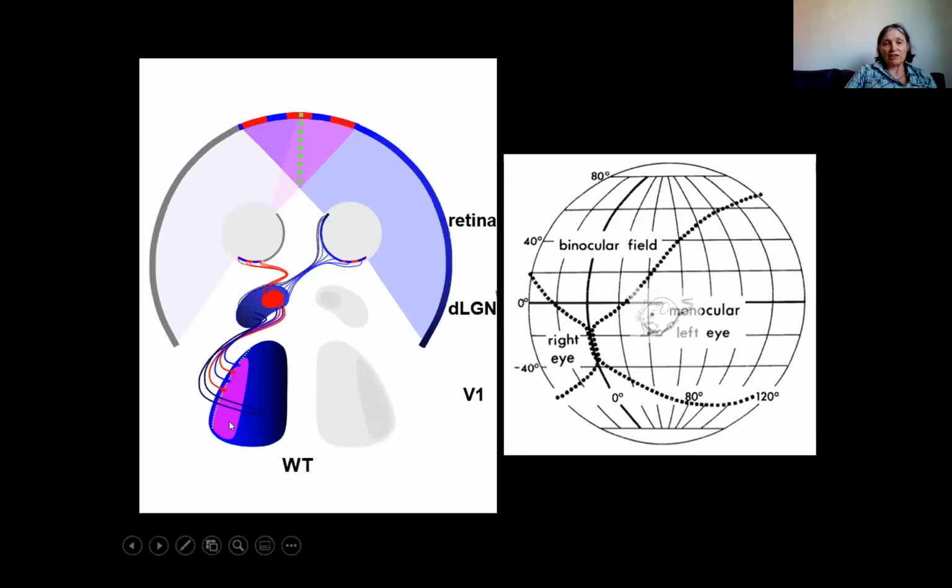The LGN projections then in turn project onto the primary visual cortex, and again there's a stereotyped and organized mapping. There's a nice topographic representation of the visual field, from peripheral out here to the central part of V1, over to the central visual field, which is the binocular region in the lateral part of V1.